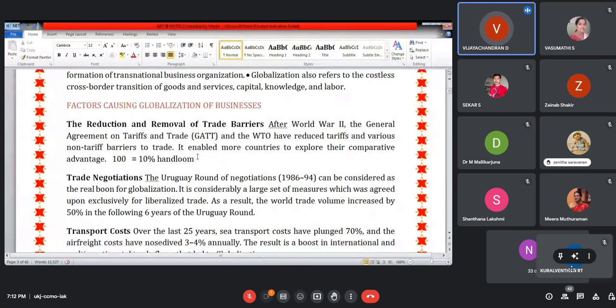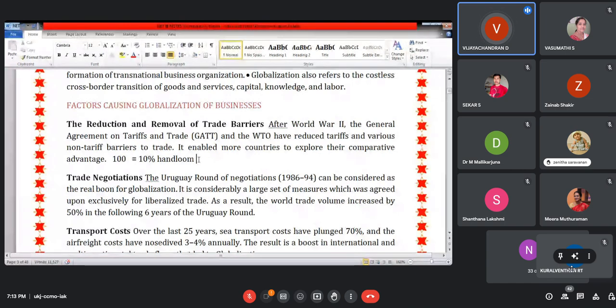These are all restrictions the government will practice in order to practice protectionism. What is protectionism? In order to protect the local market, they will do these two practices. One is charging a high tariff. Another is the quota system, fixing the quota.